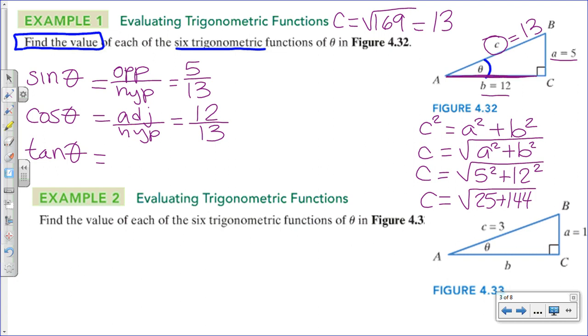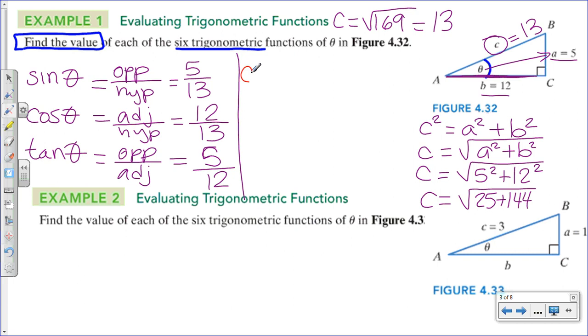We can simply divide the opposite side over the adjacent side. And so the opposite side, of course, is this one, 5, opposite to angle theta. And the adjacent side is 12. Now we have the first 3.